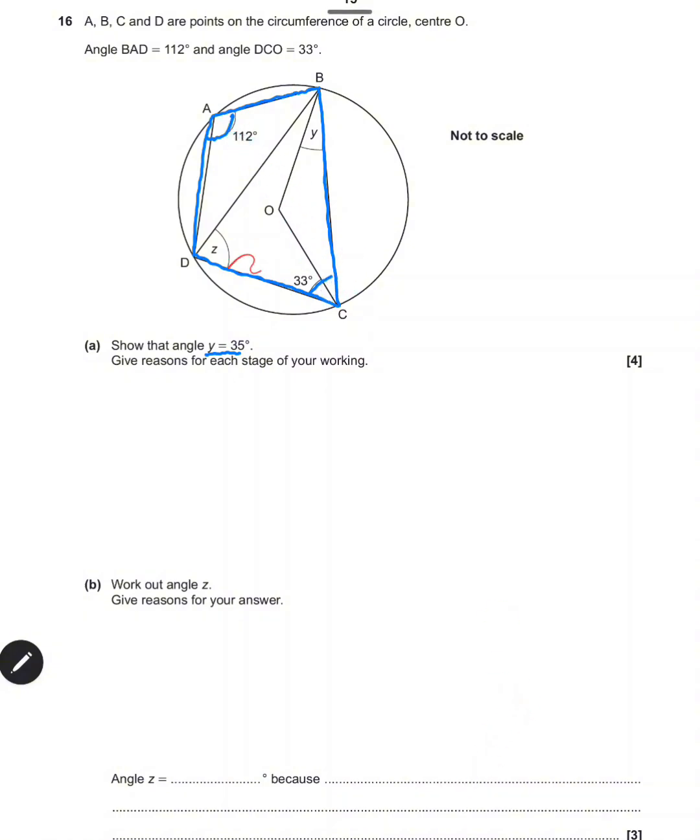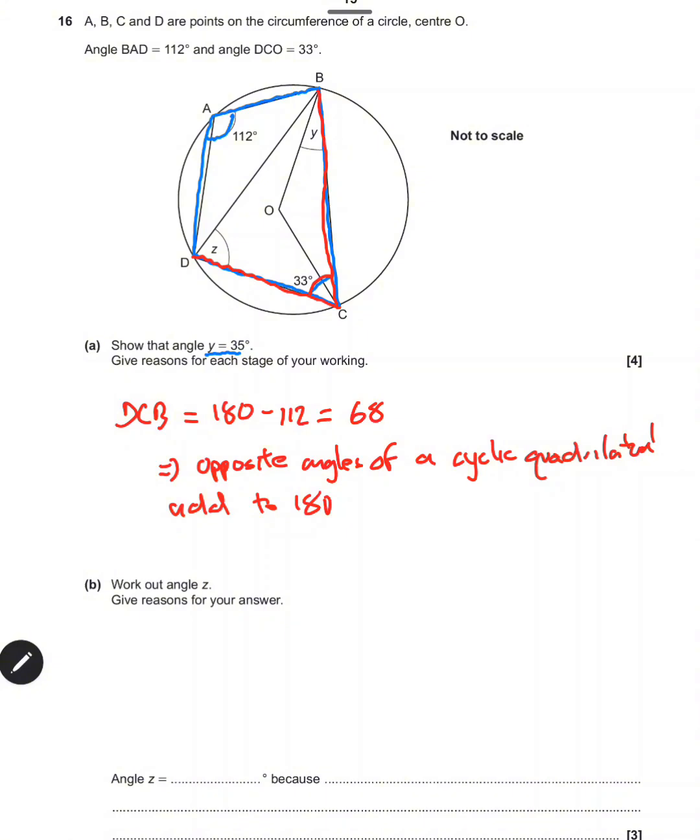So I'm just going to state that D, C, B, all of that is going to be 180 take away 112, and that is 68. And the reason is opposite angles of a cyclic quadrilateral add to 180. I can find this angle just by what I've found, and I can label that on the diagram.